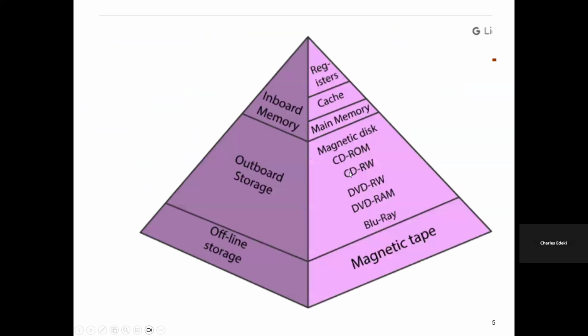I think we have the diagram somewhere here. This is how the pyramid looks. The fastest and most expensive memories are at the top, and the cheapest is at the bottom. First is registers. Registers are very small in terms of capacity, and fast because they are very close to the CPU.